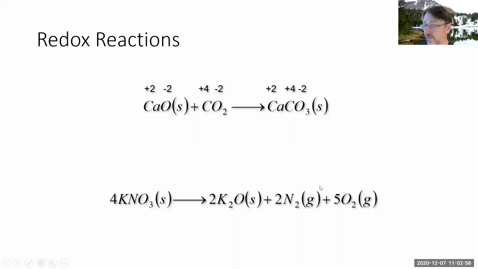Now in the bottom one, let's look at our oxidation numbers. So the oxygen's a -2, the potassium is a +1, so that means the nitrogen has to be a +5. On this side, we have the -2 and the +1. These are elements by themselves, so those are both zeros. So we do in fact have oxidation numbers changing in this case.